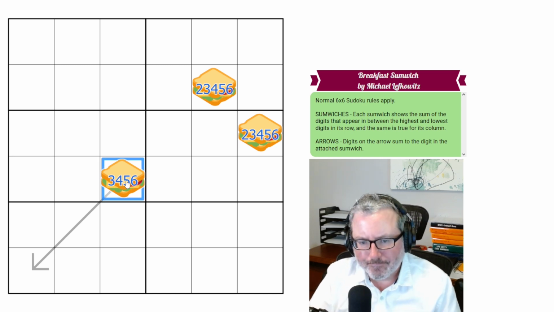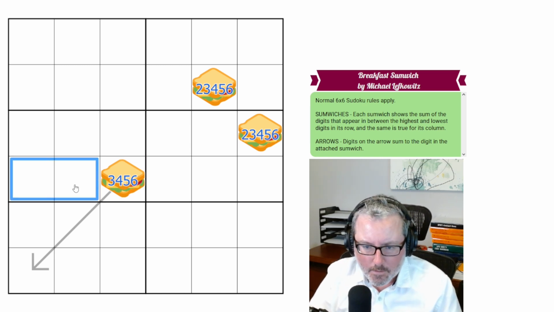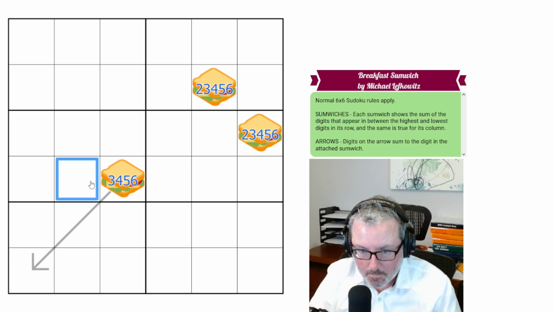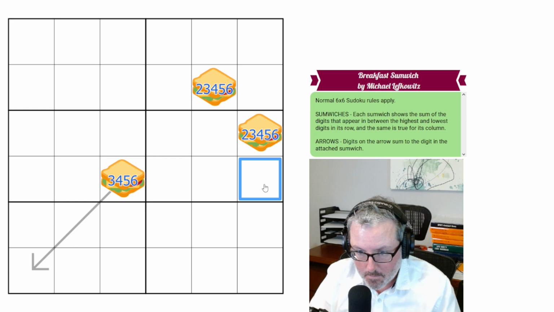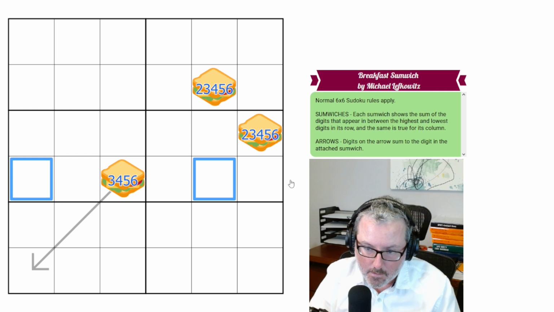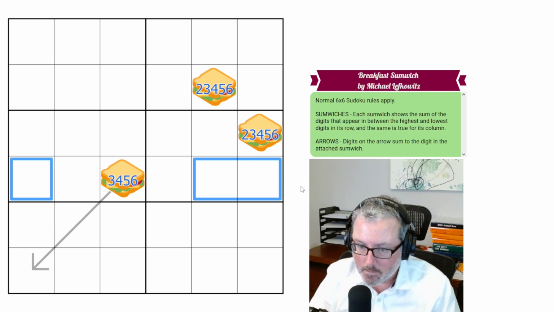Let's look at this one. Like we said before, the 1 and the 6 can't be there. Can't put them next to each other. We can't put them side by side like this. So it's either going to be a 1, 6 here, or this is a 6 and this is a 1. Essentially what I'm saying is this, and this can never be 6.